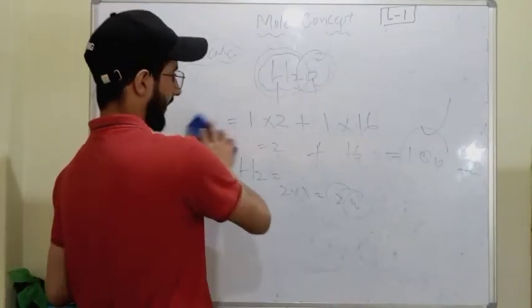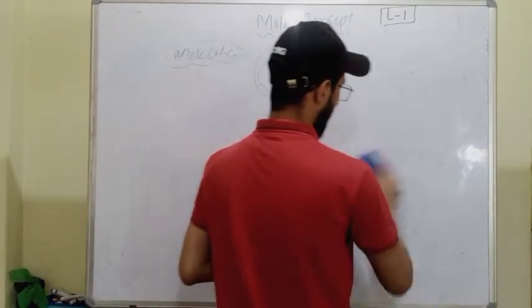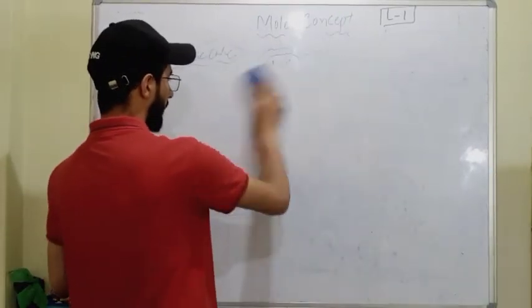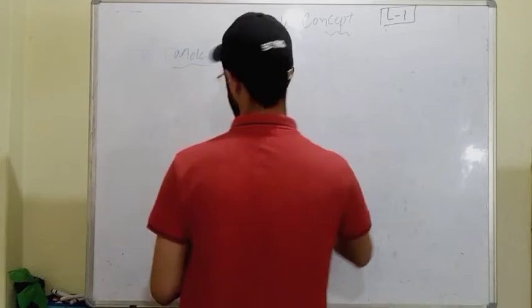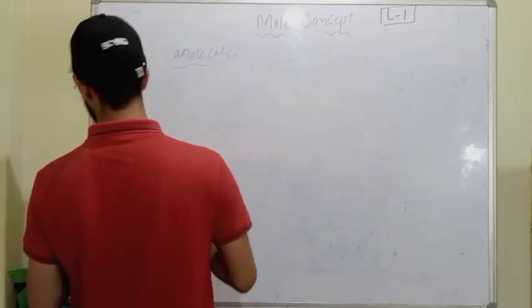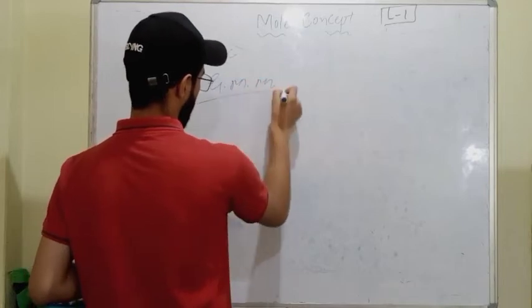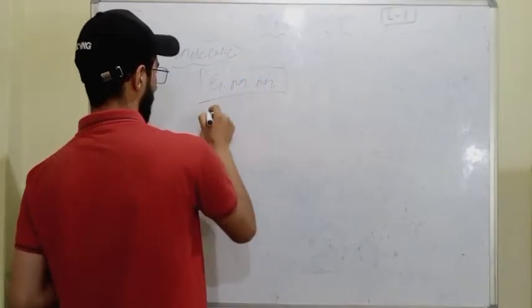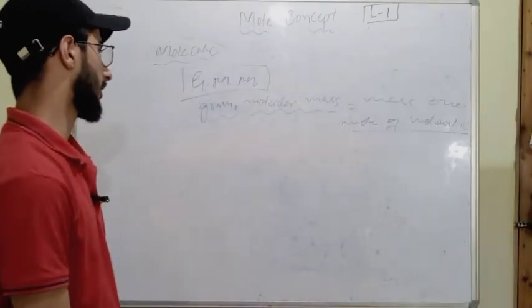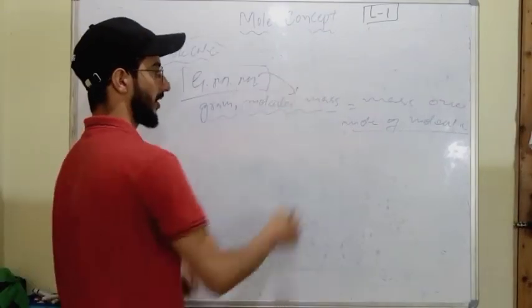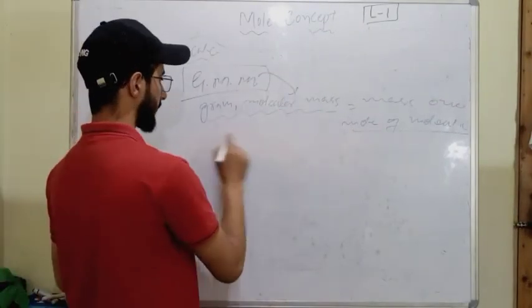And the concept which I am going to make you understand is the gram molecular mass, GMM. The gram molecular mass of 1 mole of a molecule is called GMM.